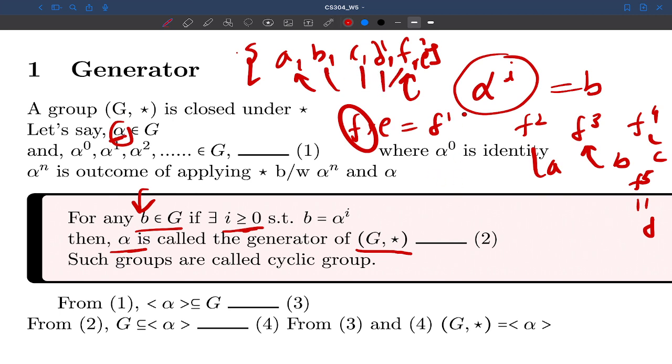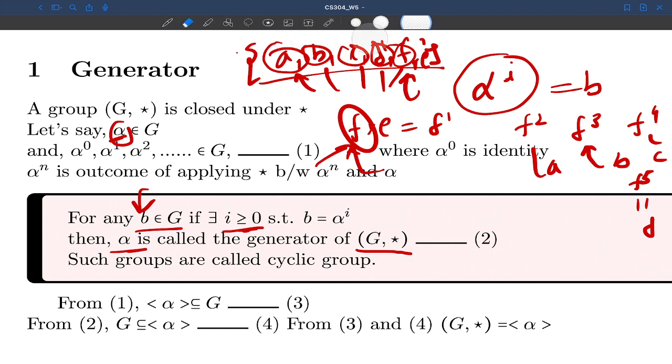F raised to power 1, F label 1, is F only. So by using just F, I am able to generate every other element of my group. In that case, this F element will be called a generator of my group.